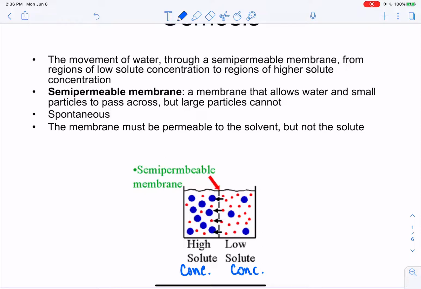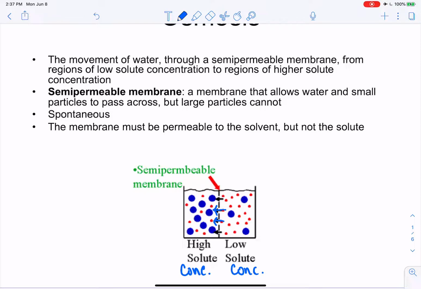And what we'll see is that the water molecules will spontaneously move from a region of low solute concentration to a region of high solute concentration. So they look at the other side and say, oh, we need to dilute.